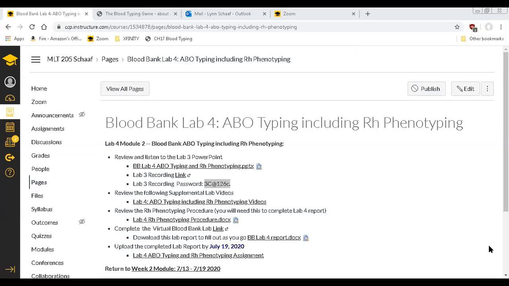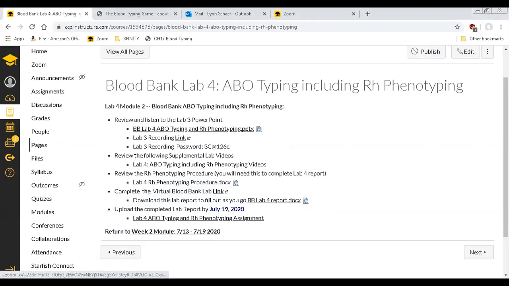Okay. So hopefully you have gone into Blood Bank Lab 4 already. So the PowerPoint's here, the recording link will be here updated for you with the code. And there are some supplemental lab videos to watch today. So there's basically one that is going to show you how to do the RH phenotyping, and unfortunately the only one that was on YouTube to look at was done by the slide method.